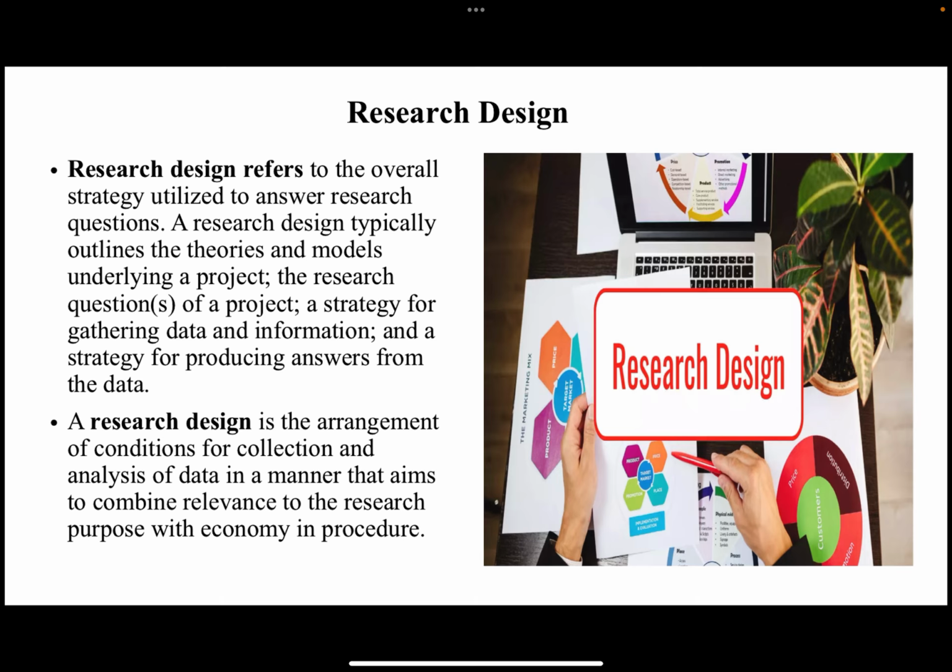Then we have the non-randomized control trial or quasi-experimental design, or you can call it community trial, or field trial. Now, the difference here is that in non-randomized control trial, we do not employ the principle of randomization. The researcher creates two groups, the control group and the experimental group.